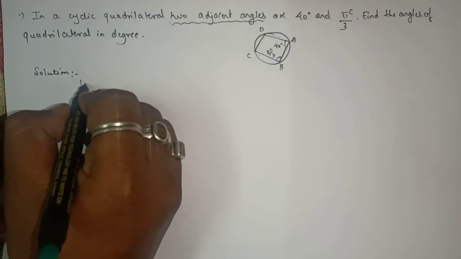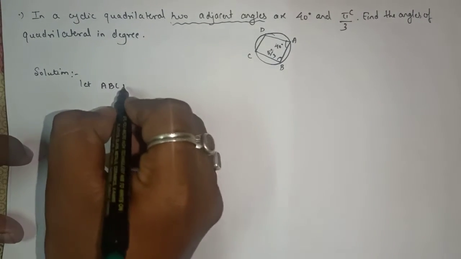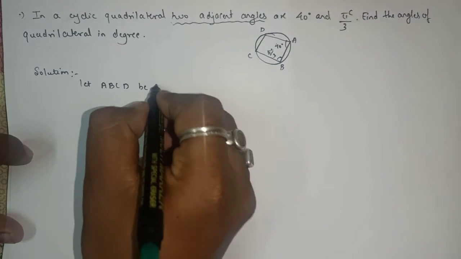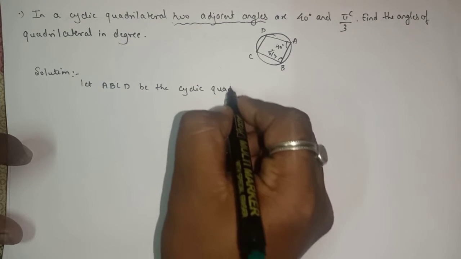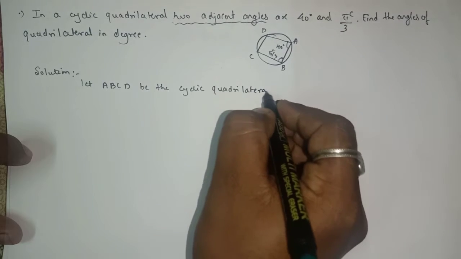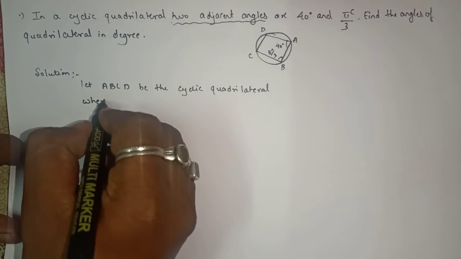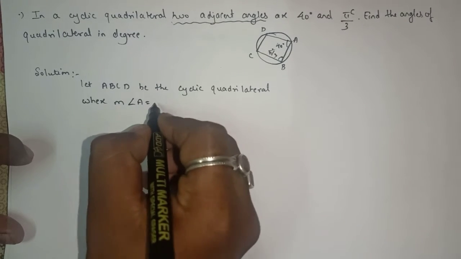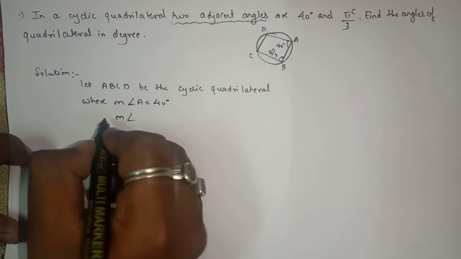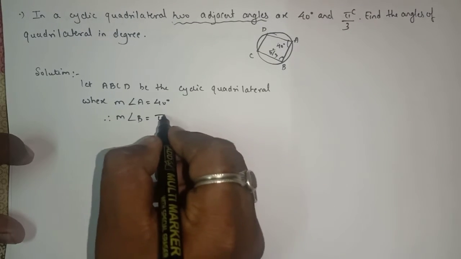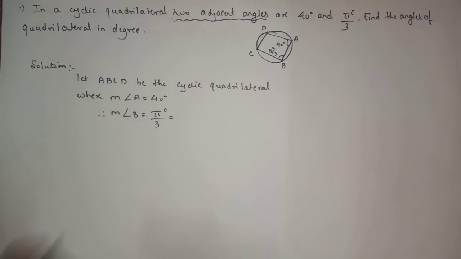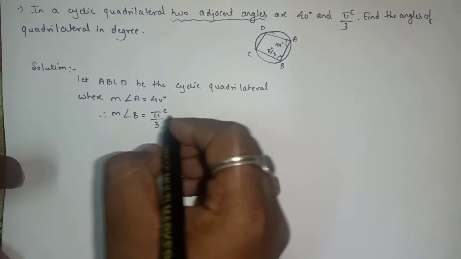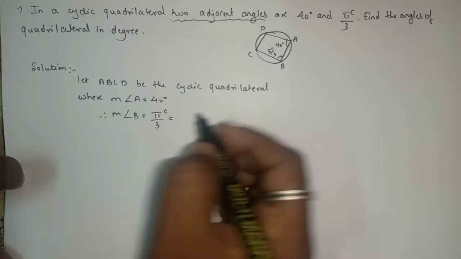Let ABCD be the cyclic quadrilateral where measure of angle A is 40 degrees and measure of angle B is pi by 3, as A and B are the adjacent angles. Therefore we will convert this radian into degree.